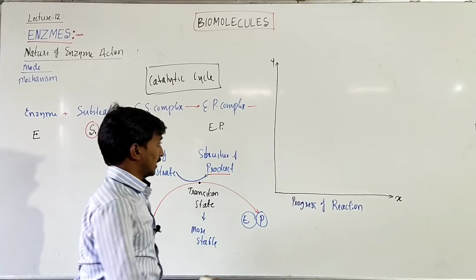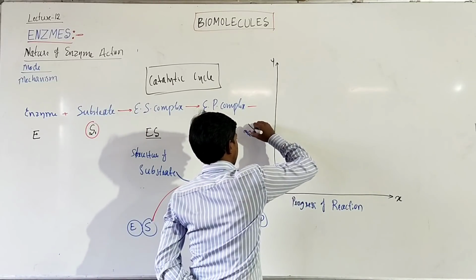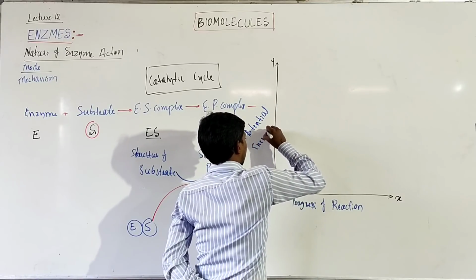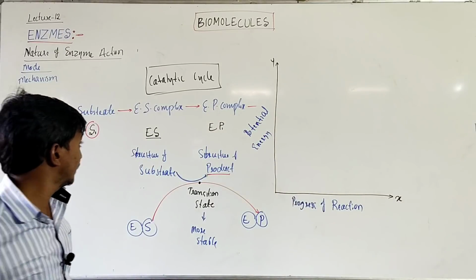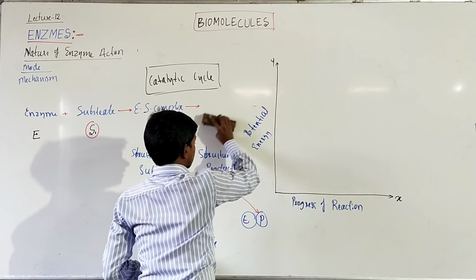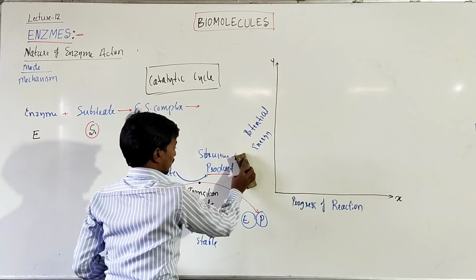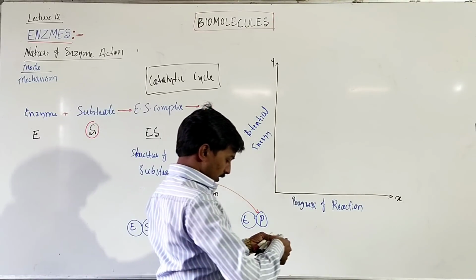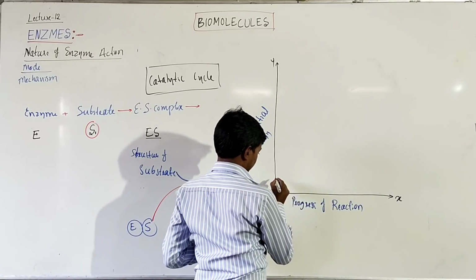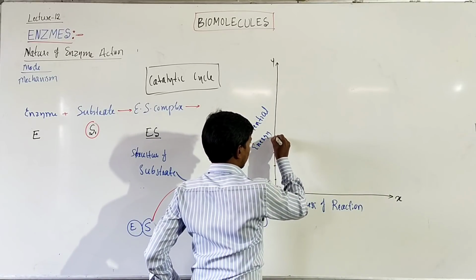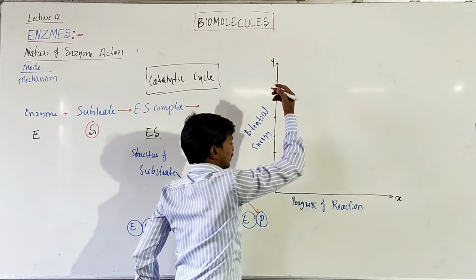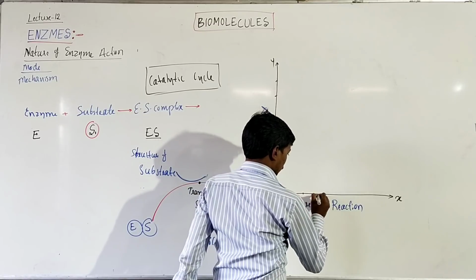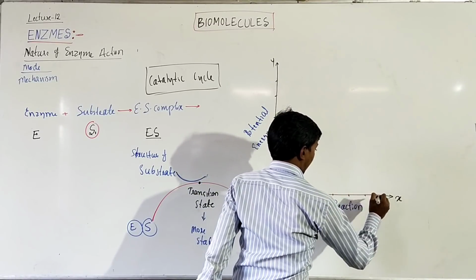On the y-axis, let us take potential energy. Take any unit, don't need to worry about the unit. Energy can be measured in any units. So this is the progress of how much reaction has happened.